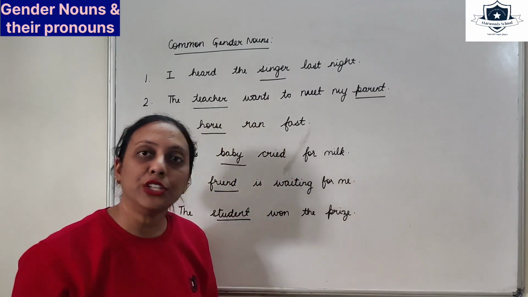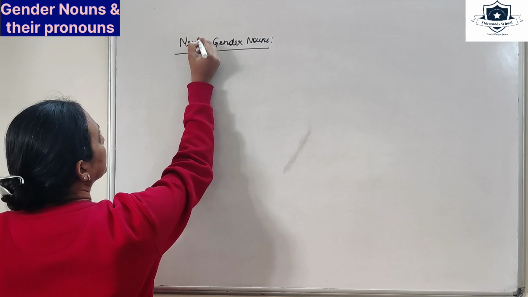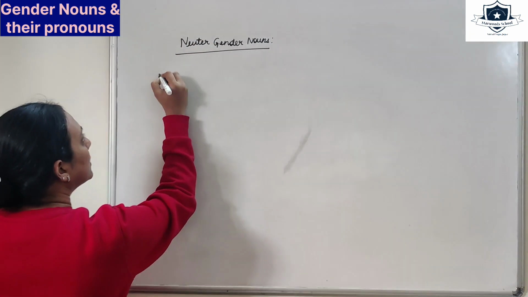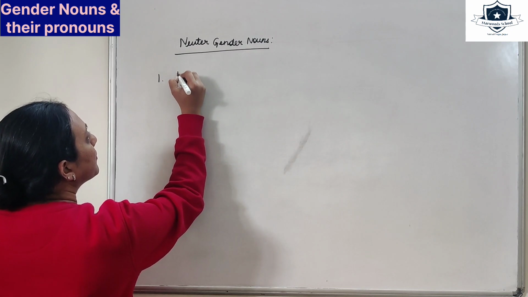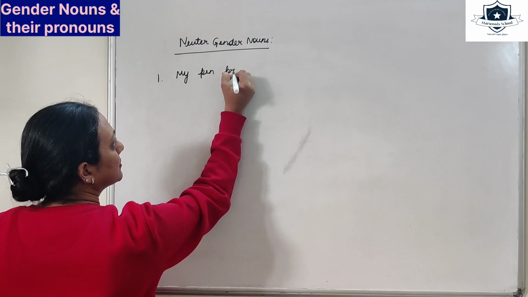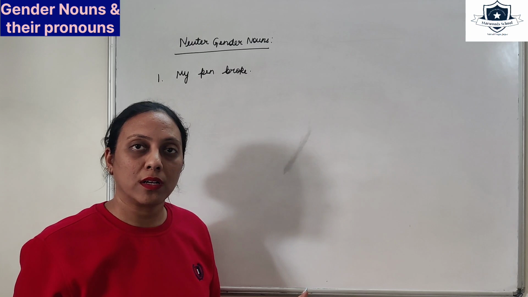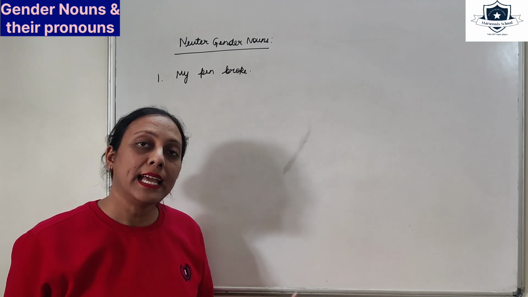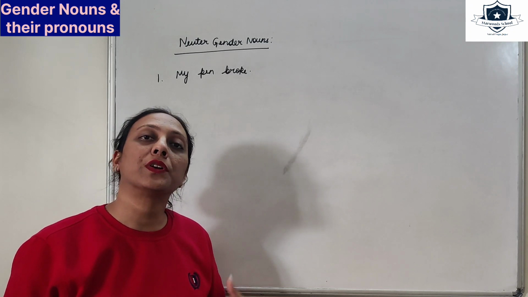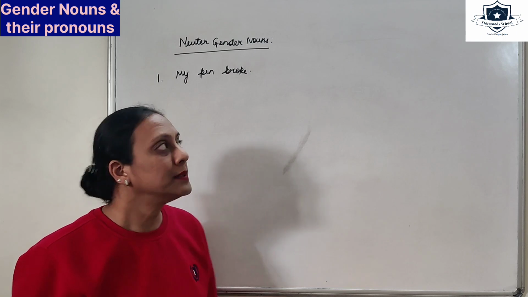Now let's talk about the neuter gender noun sentences. Neuter gender nouns, as we told, my pen broke. So it is a non-living thing. It does not ask you to specify that it is used for a masculine noun or a feminine gender noun or a common gender noun.